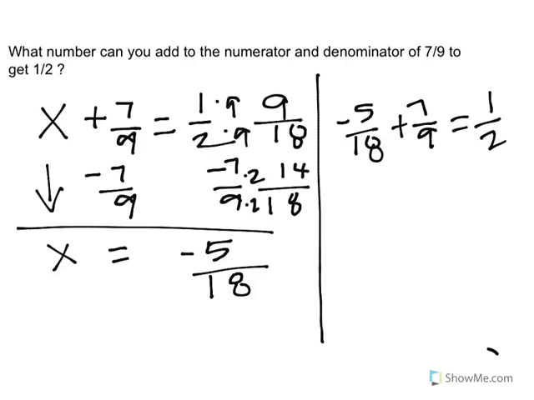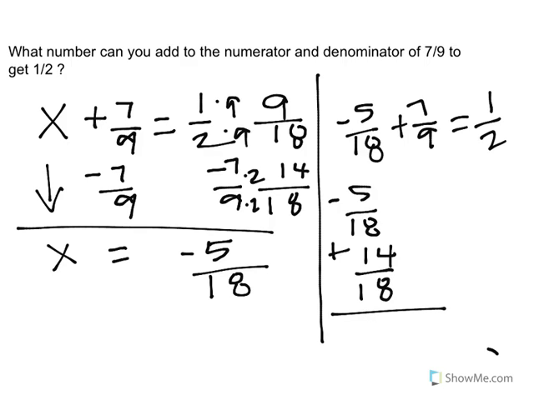Well, we can't add those unless we have a common denominator. We know that 18 and 9 both go into 18, so we have negative 5 over 18 plus, 9 goes into 18 two times, 2 times 7 is 14.